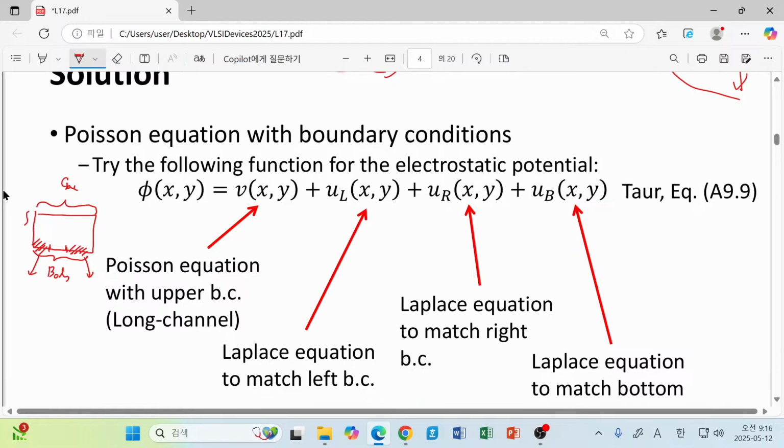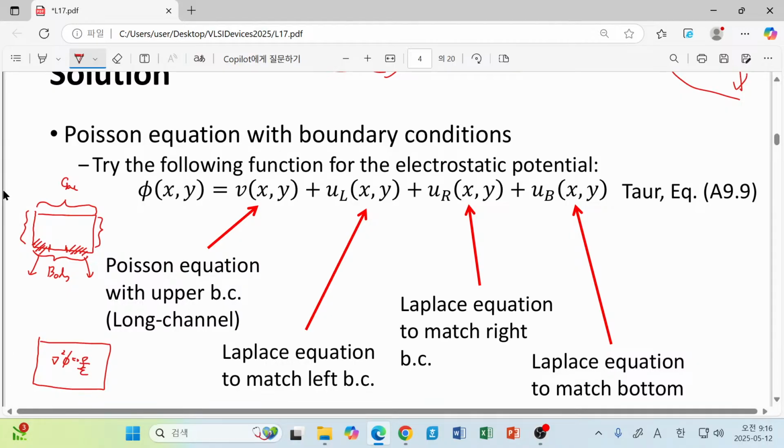And how about this source side? That is fixed, and also that is fixed. Now think about this case. We have a rectangle domain, and in this rectangle domain the equation we must solve is just simple, minus epsilon.